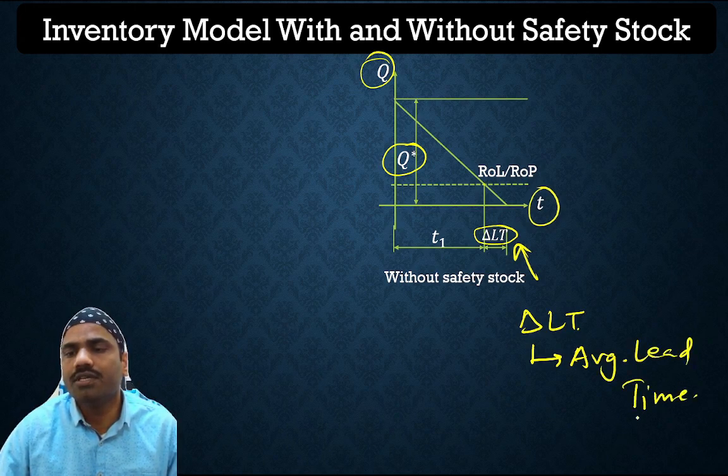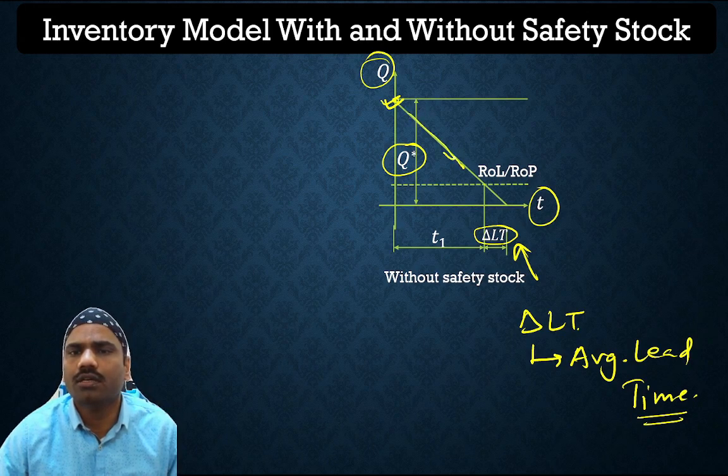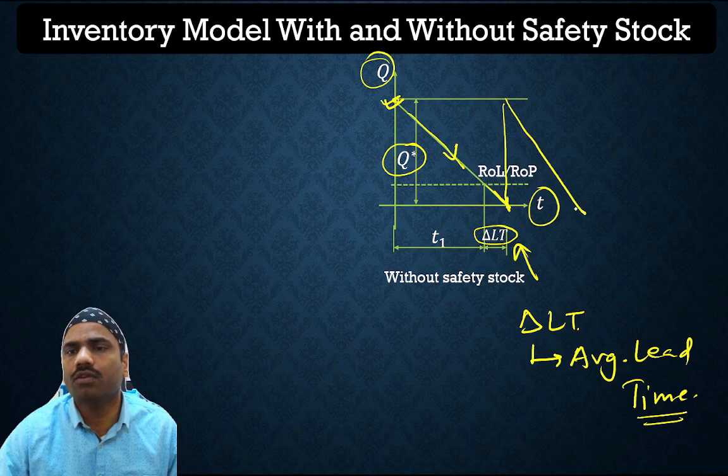At first we will receive the order, and with time we will consume that order, and at some point we will come to know that we have reached a minimum quantity, so we have to place an order. By the time that order comes, we will complete the remaining quantity. This quantity will be consumed, and at the same time the next fresh order will come. Again we will consume that, and it will go on.